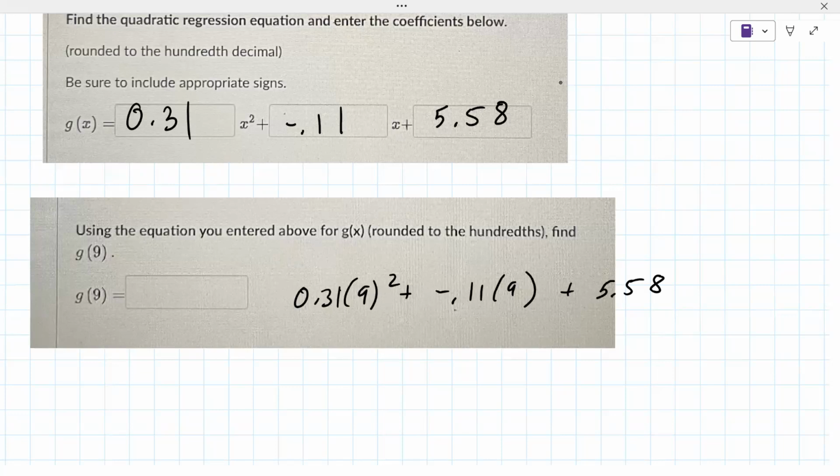Let me know when you get your final answer there, please. I got 31.68.